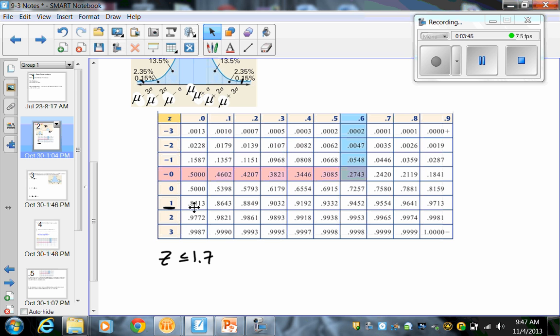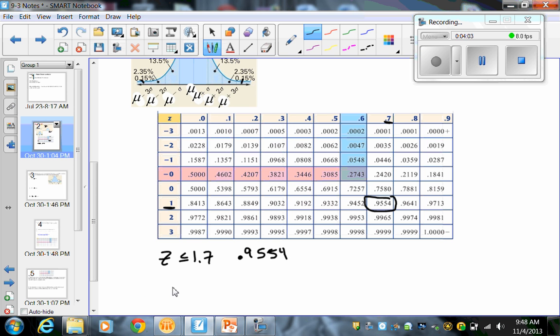Then find your 0.7 going to the right, which is right here. So this number would be for 1.7.